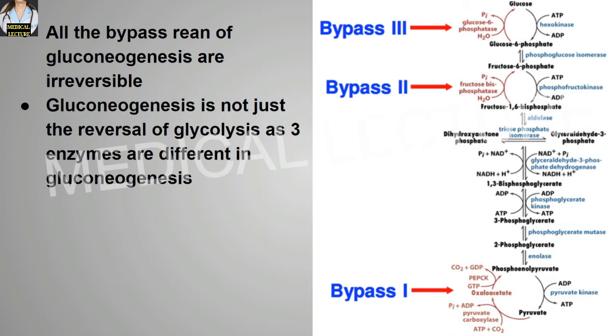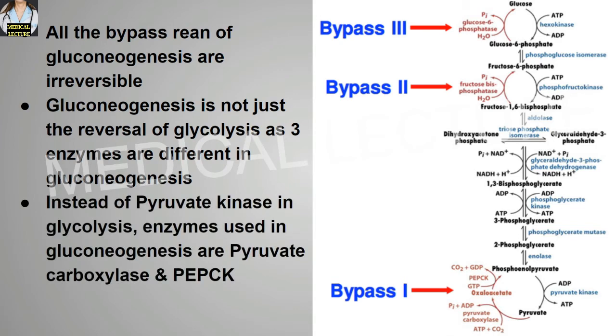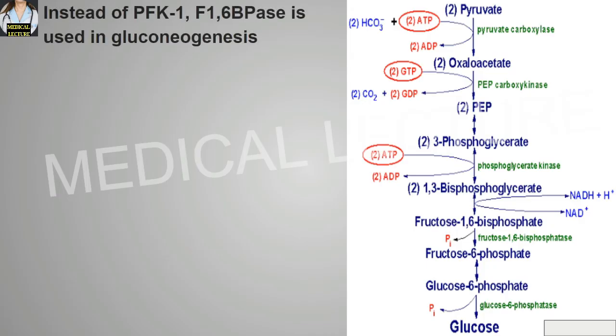in gluconeogenesis. Instead of pyruvate kinase in glycolysis, the enzymes used in gluconeogenesis are pyruvate carboxylase and phosphoenolpyruvate carboxykinase. Instead of phosphofructokinase 1, the fructose 1,6 bisphosphatase enzyme is used in gluconeogenesis.